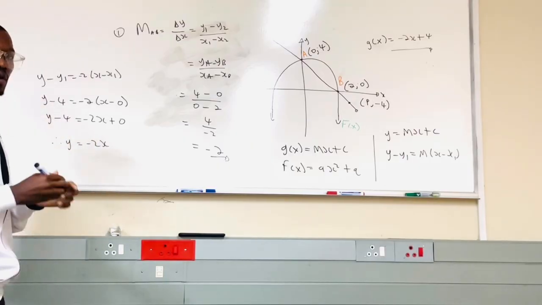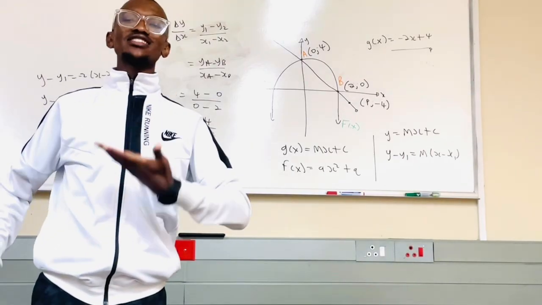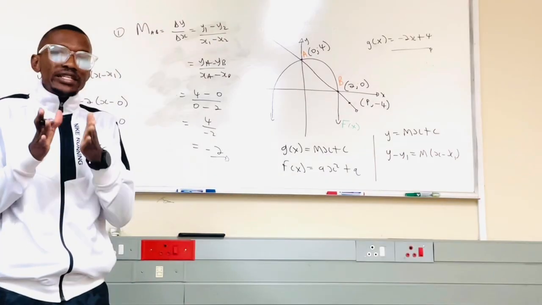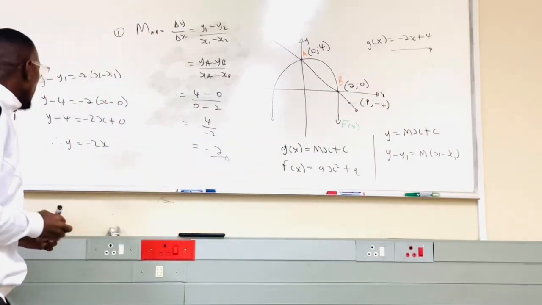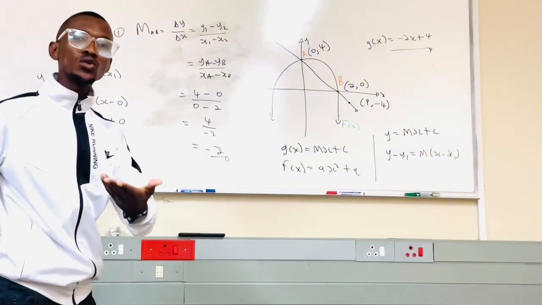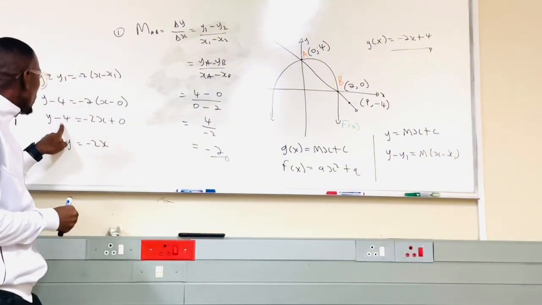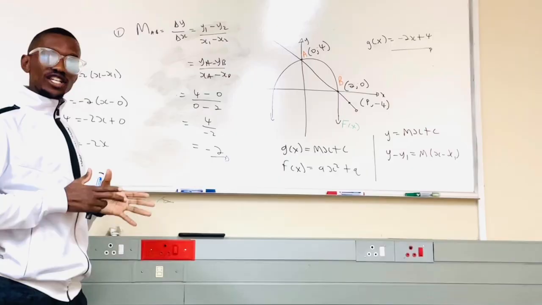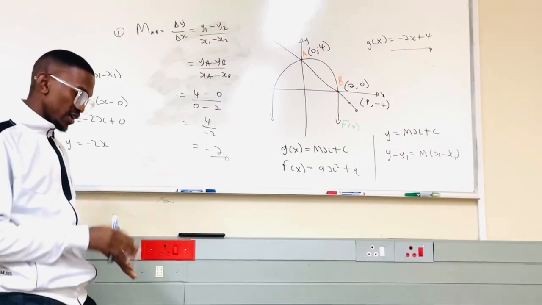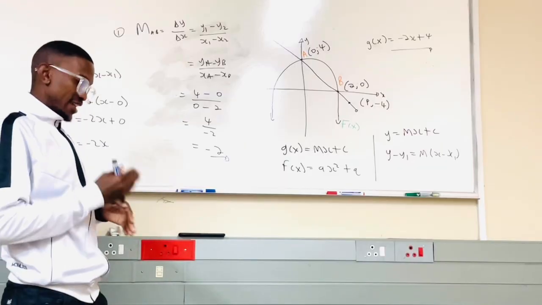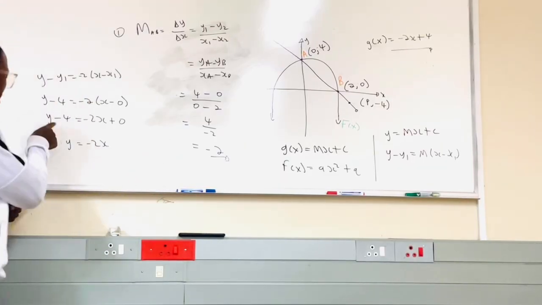Then you must make sure that y is the subject of the formula, meaning that you must leave y alone on its own side, the rest must go to the other side. Now, according to the rules of math, we know that if a number crosses the equal sign, it's going to change from positive to negative, negative to positive. So this guy is negative.